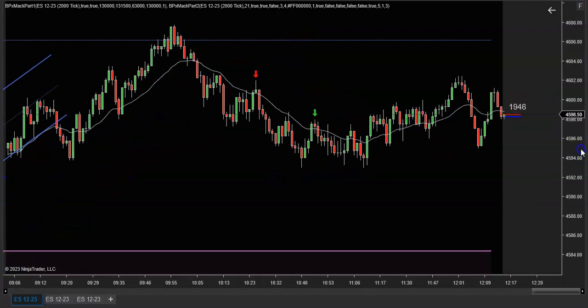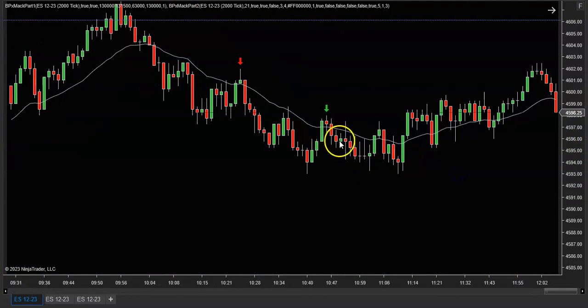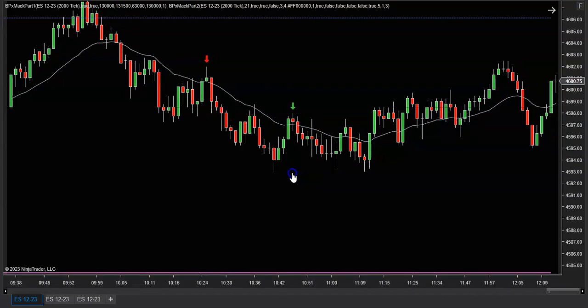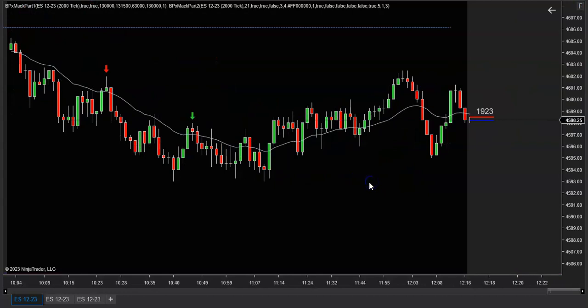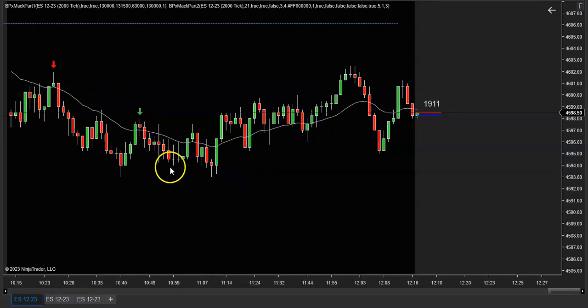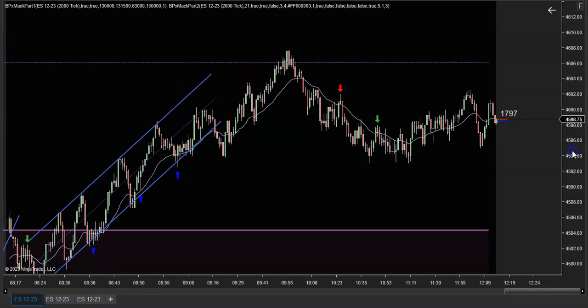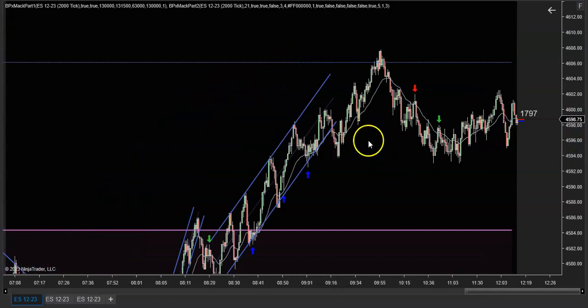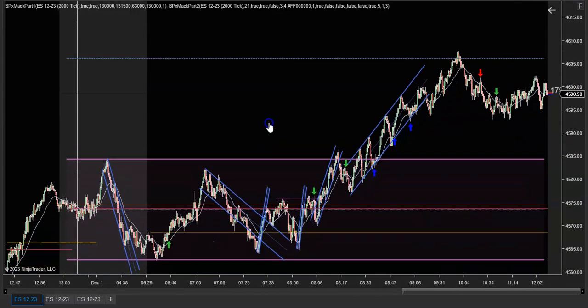So when the follow through isn't strong, you get a doji here. Especially when you get this doji here, I had to get out of this trade with a small profit. And then we've just been going sideways, and I think the bulls are just trying to retest that high. So that's how I saw it today.